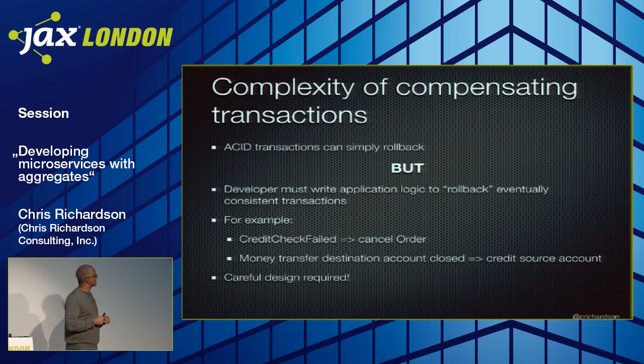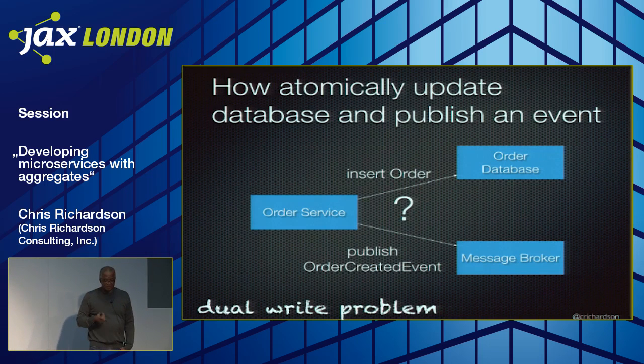And of course, an interesting scenario arises when you discover that the from account has subsequently been closed. And then you've got this money left in limbo, and at which point you have to apply some other business rules in order to handle that. So there's all kinds of interesting scenarios, and you have to think carefully about how to implement these compensating transactions. But in general, it's not too challenging.